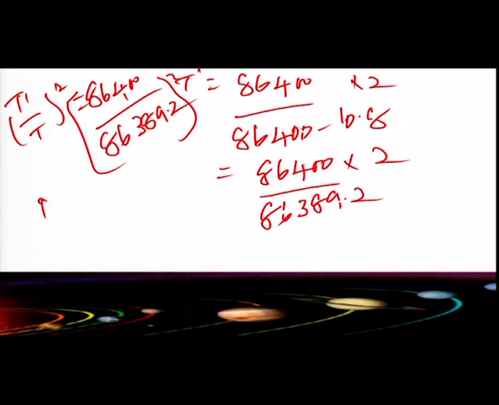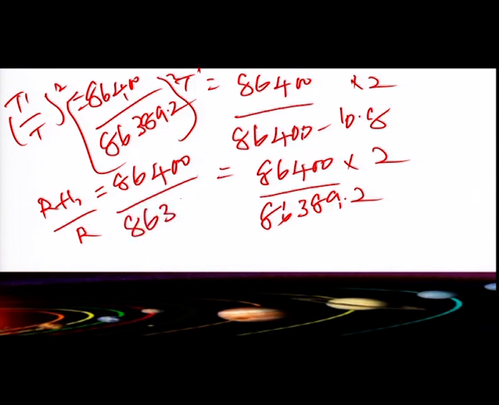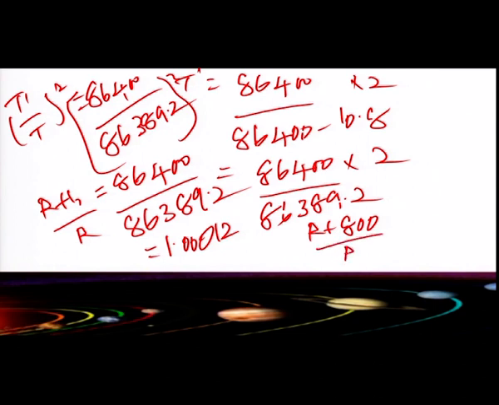So, therefore, r plus h by r is equal to 86,400 divided by 86,389.2. So, that will give rise to 1.00012. Therefore, r plus 800 by r is equal to 1.00012.